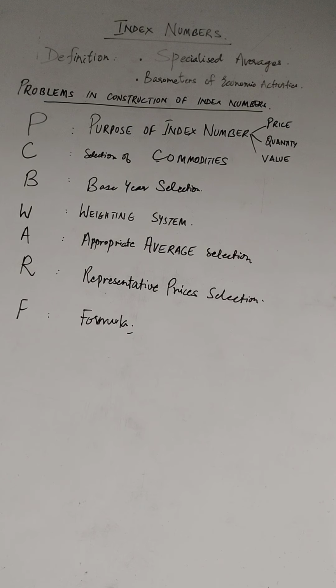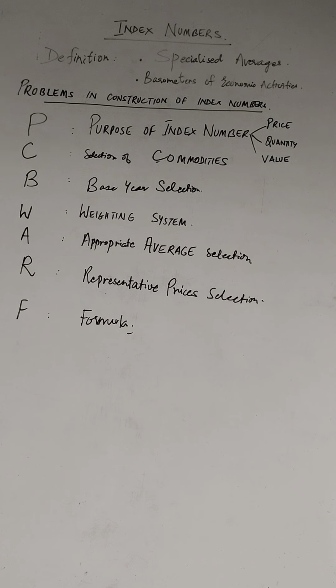And we will be doing all of these, like Laspeyres', Paasche's, Dorbish and Bowley's method. The choice of formula depends both on the purpose of the index number and the nature and extent of the data available.